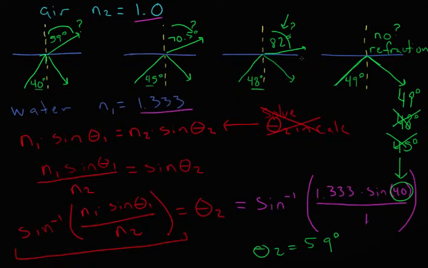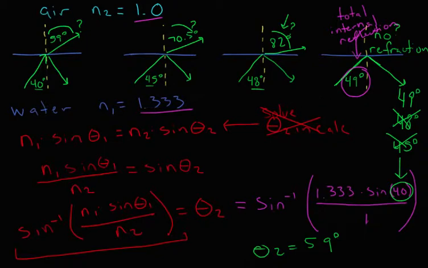This phenomenon right here, where you get no refraction, is called total internal reflection. Okay, and it happens when the angle you're coming in at is too big.